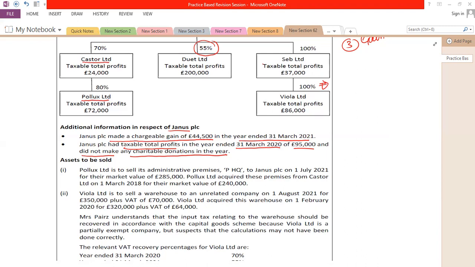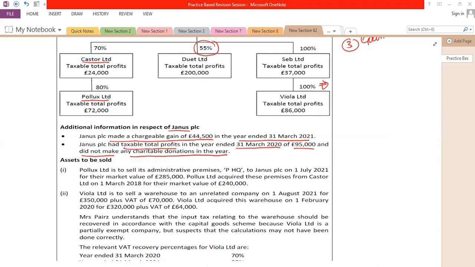Be in your limit. Try to read the question, try to read the requirement. Do not write unnecessary things because you will not get any marks for that. So the question says that do not consider carry forward. So other than carry forward, we have options available. Option number 1, we have current year, we have gain in current year, and option number 2, we have carry back option available, right?